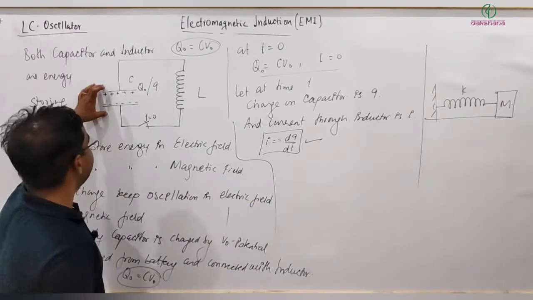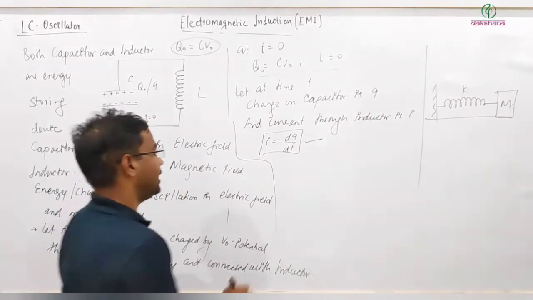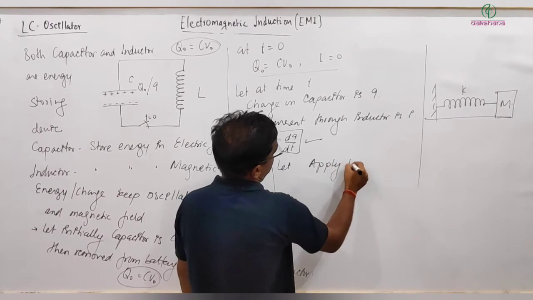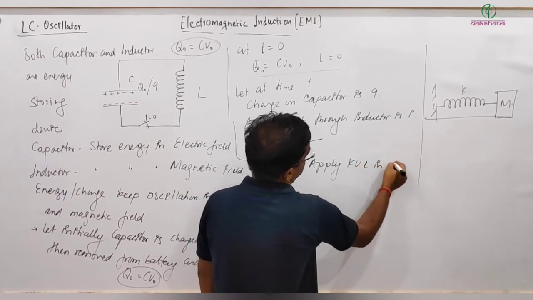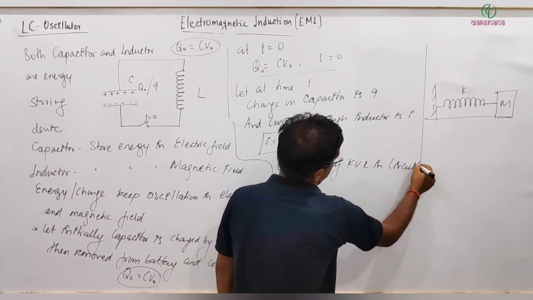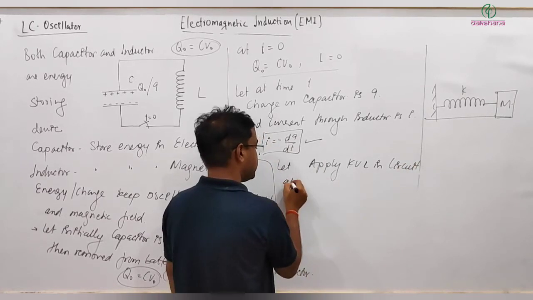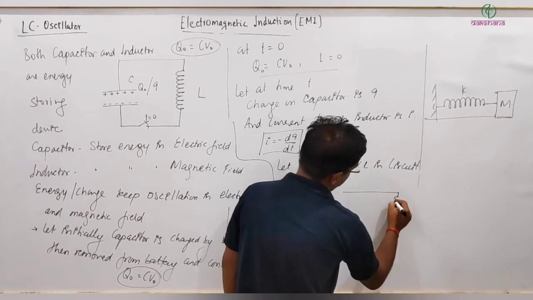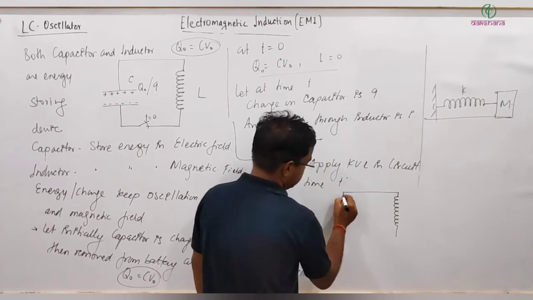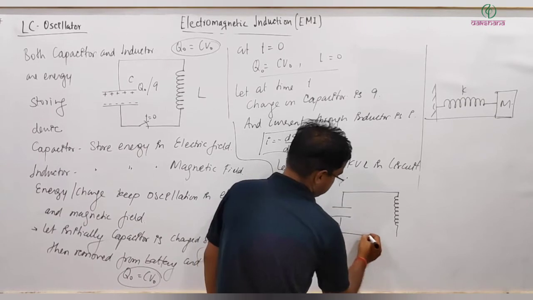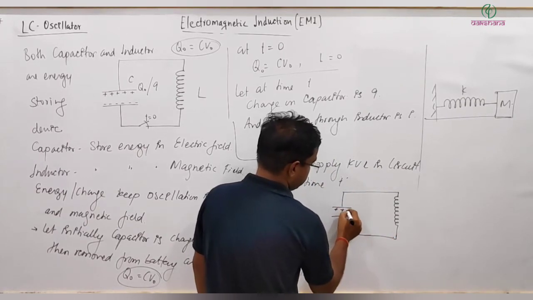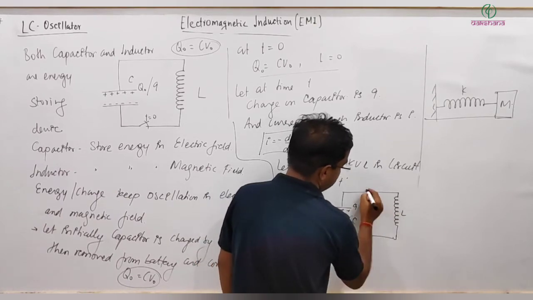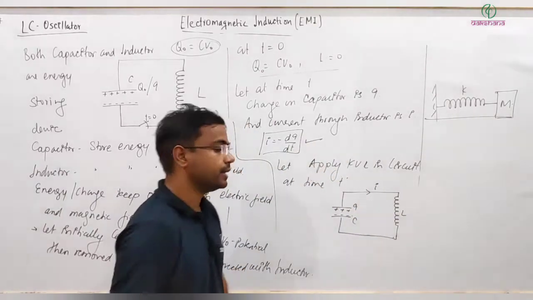Now I can go for KVL in the circuit. At time t, the circuit looks like this. It is having some charge Q, C, L, current I. Clear?